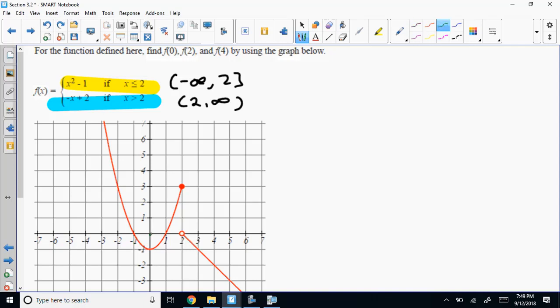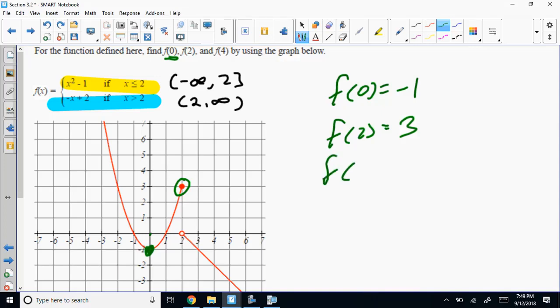At 0, what is my answer? What's f of 0? Negative 1. What's f of 2? Well, that's when x is 2. It's this one, right? Don't pick the open dot, because open dot means it does not exist there. What is f of 4?